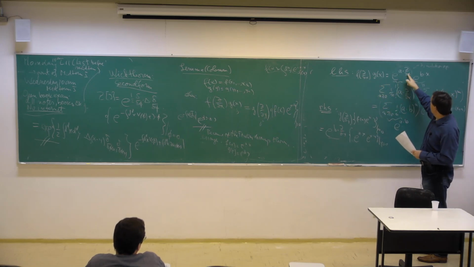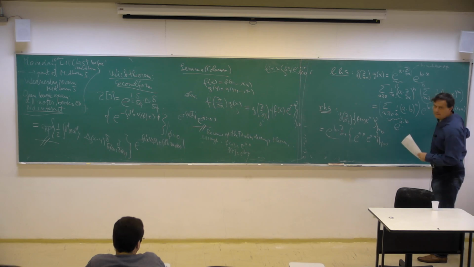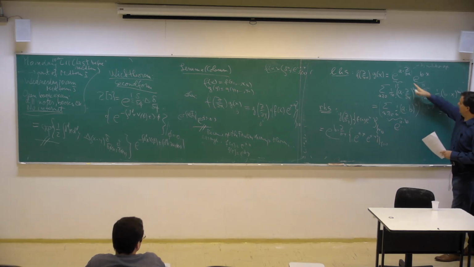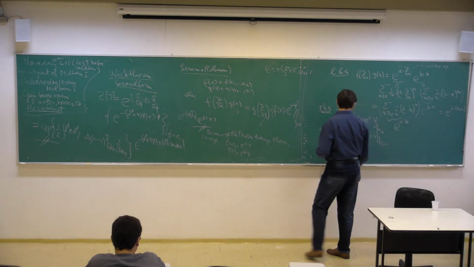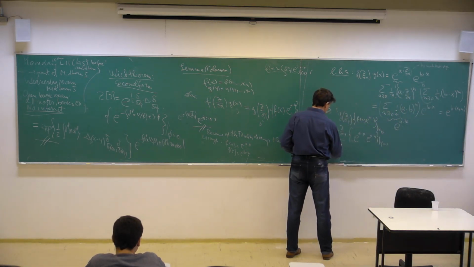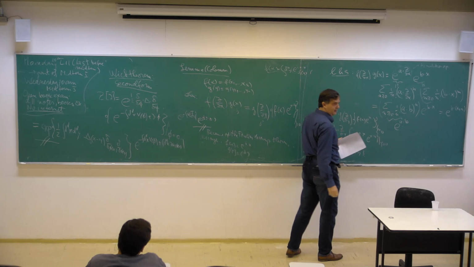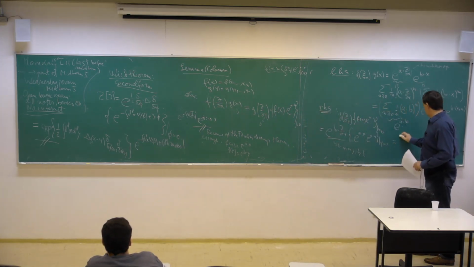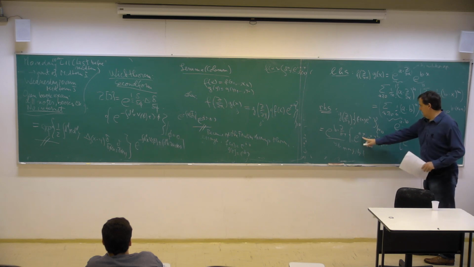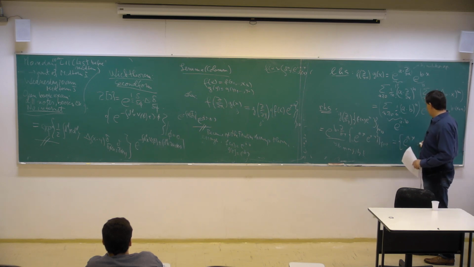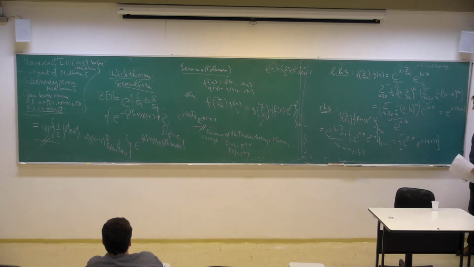This exponent e to the a dot d/dx acts as a translation operator on x, shifts x by a. So we apply the same thing here: this is the translation operator on y by b. This is y independent, so it just stays the same, and this translates y by b. And now I put y equal to 0, so I get e to the x dot a plus b.